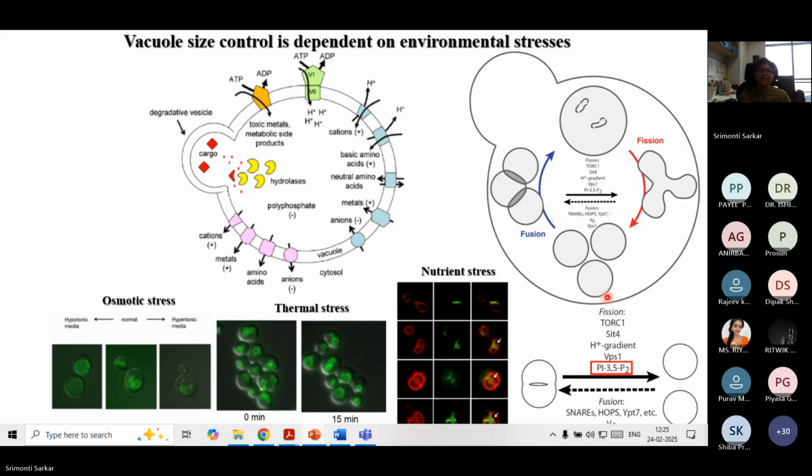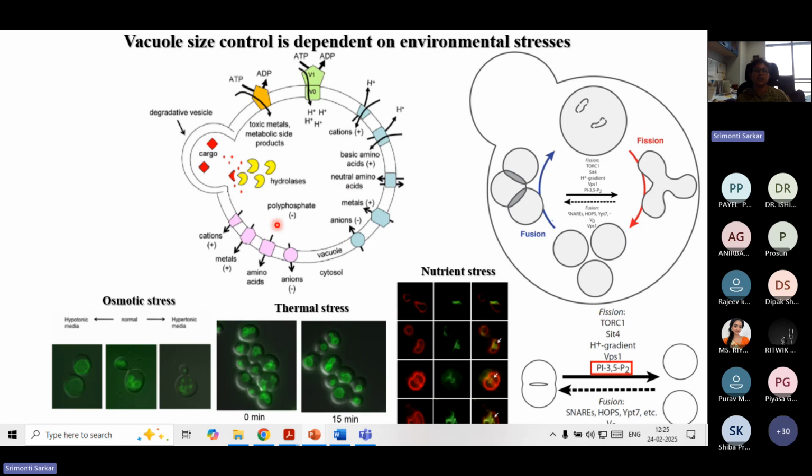But besides having pumps for removal of protons, the yeast vacuole has a lot of other functions. For example, yeast cells can remove toxic materials from the cytoplasm into the vacuole. The vacuole serves as a storehouse for nutrients.